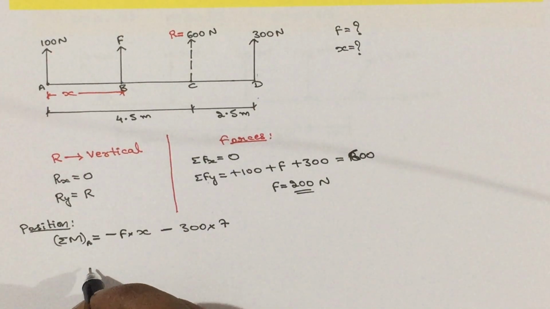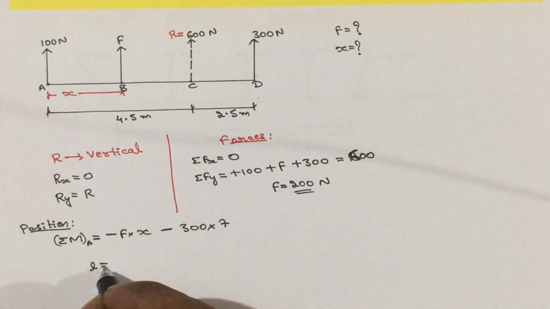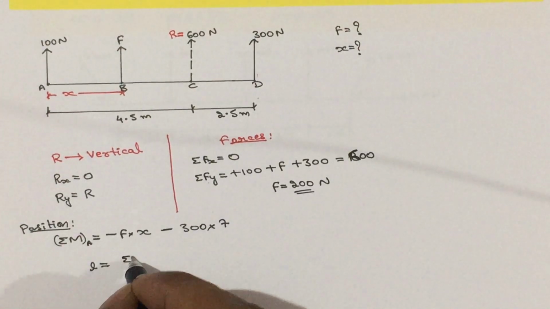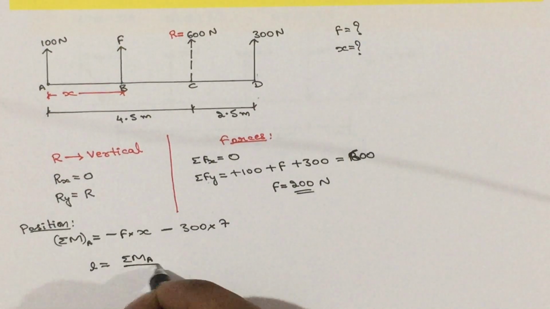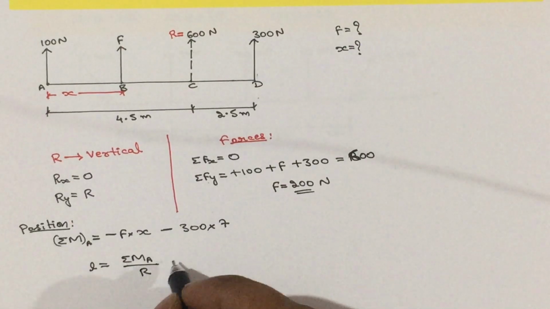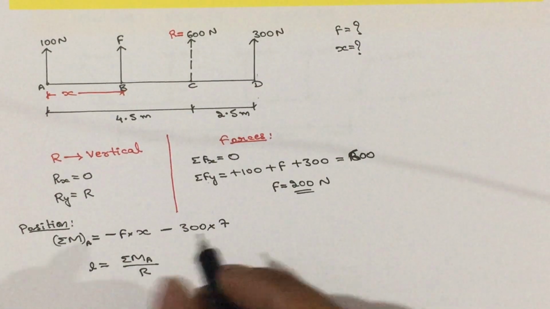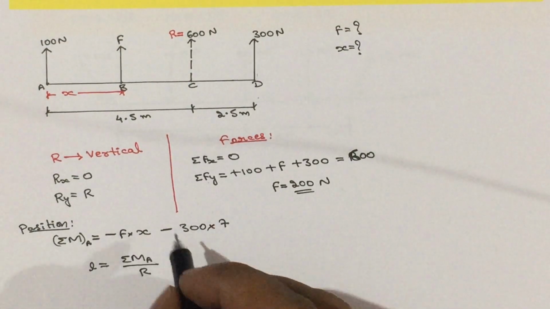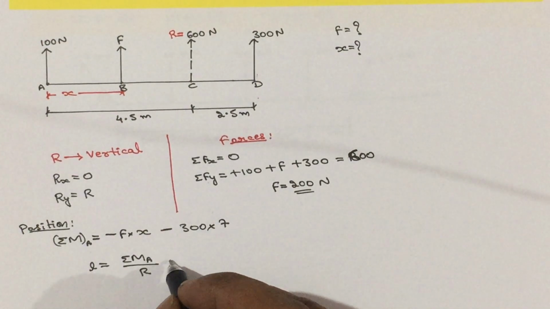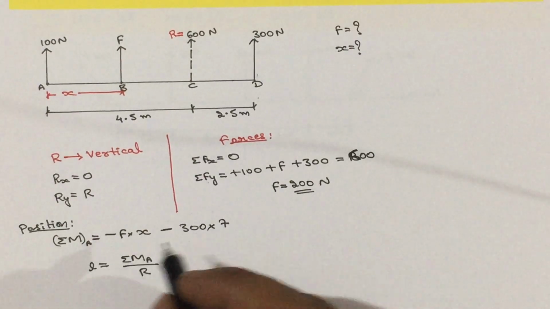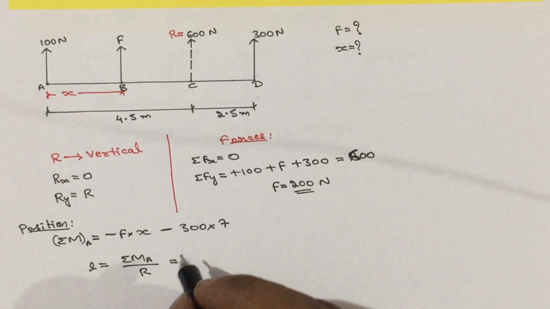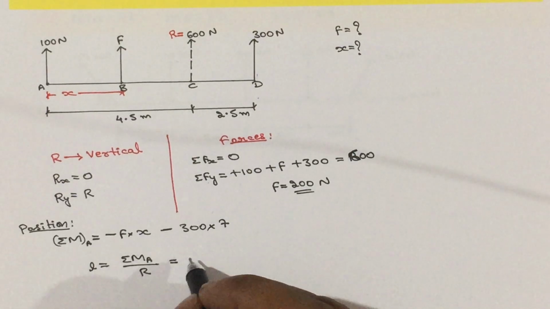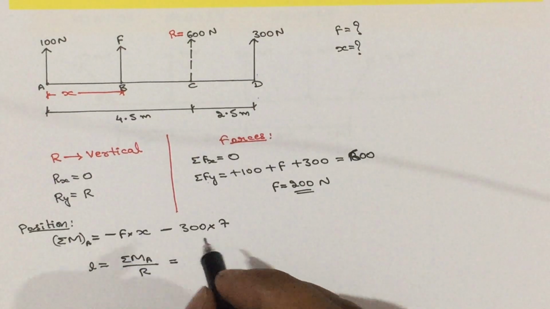Then for the position we have L is equal to sigma MA divided by R. So substitute the values. Sigma MA, we got it as minus F into x, minus 300 into 7.